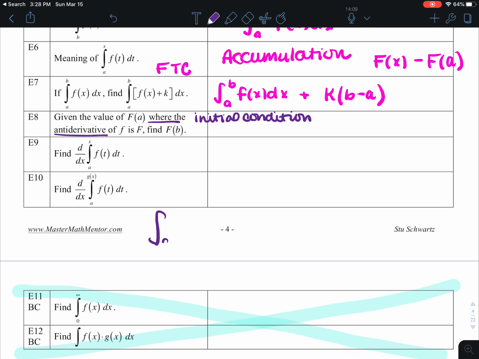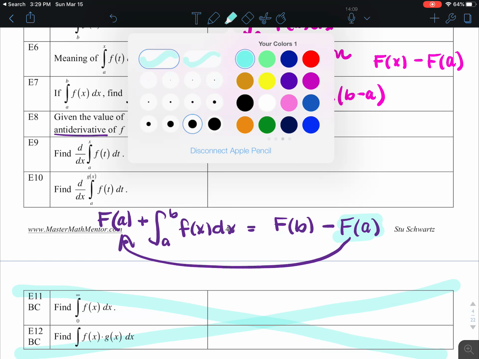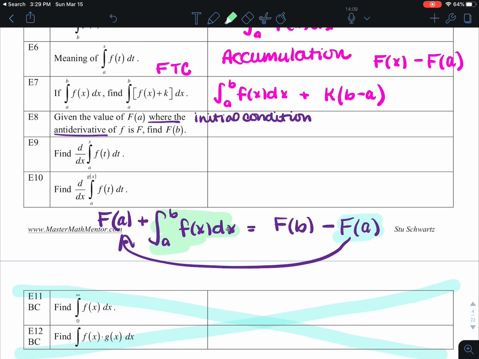The fundamental theorem of calculus says if we integrate from a to b, lowercase f of x dx, it equals F of b minus F of a. Well, if you know the initial condition, the F of a, what you can do is add it to this side, and it becomes your initial condition plus whatever this integral turns out to be. And so that's how we use this rule to find F of b.